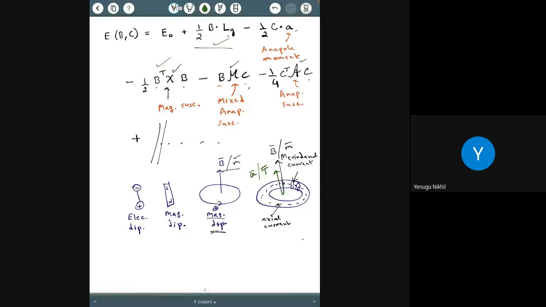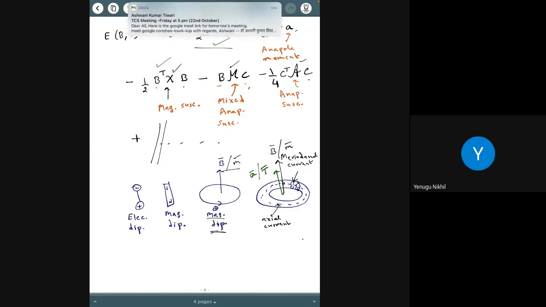Anyway, physically, the anapole moments are toroidal moments. Now, in the case of molecules, having a permanent anapole moment is pretty difficult, like I was saying.